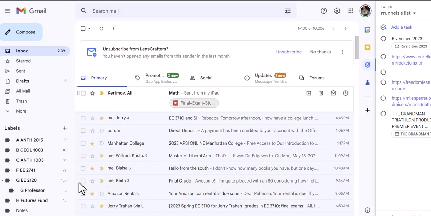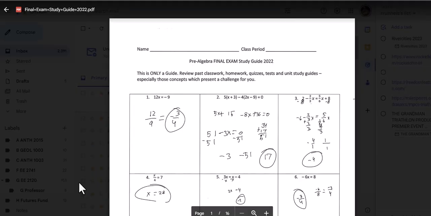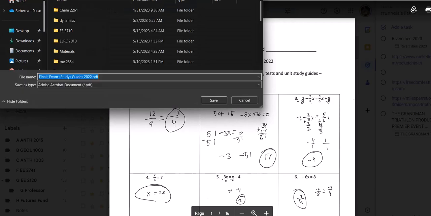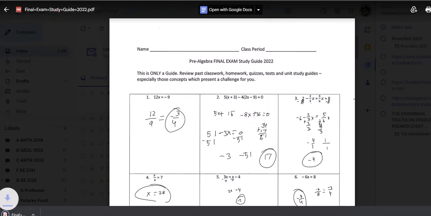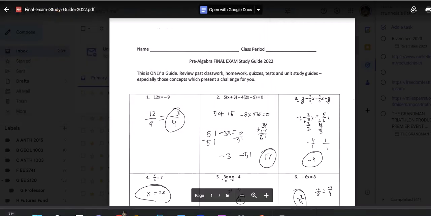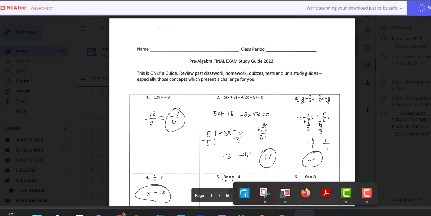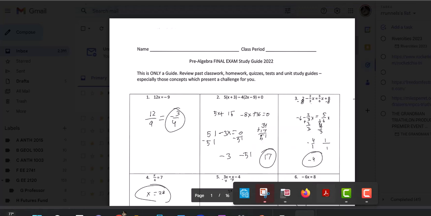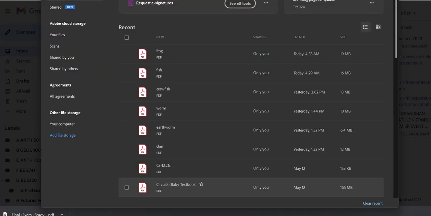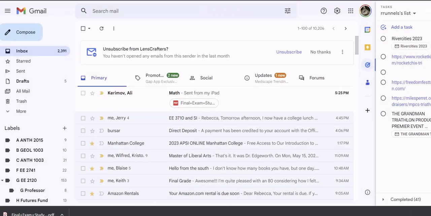If I made a mistake, it would not be the first time. Do we have any idea where I just saved that?